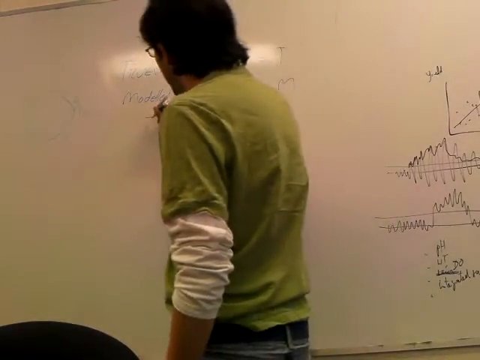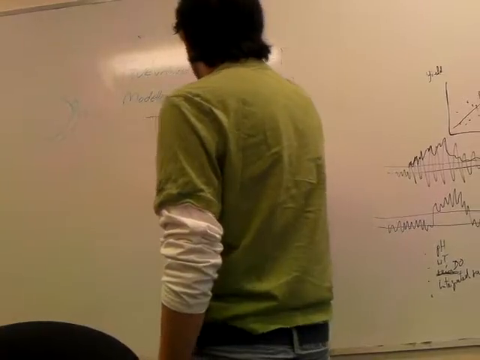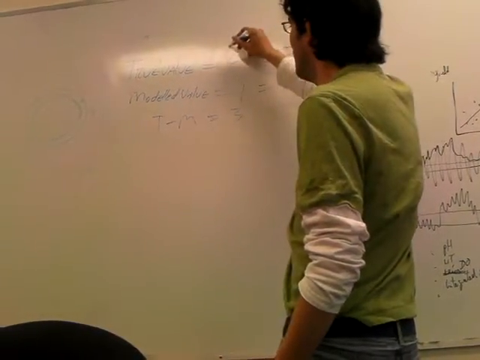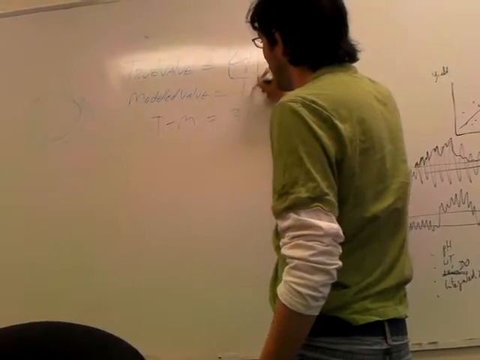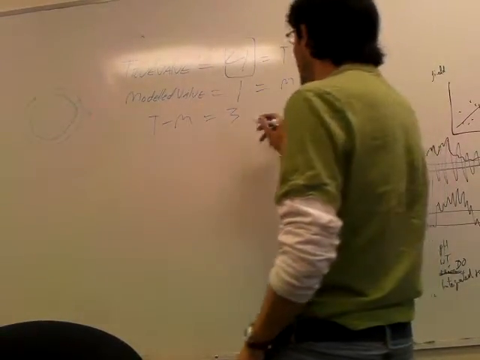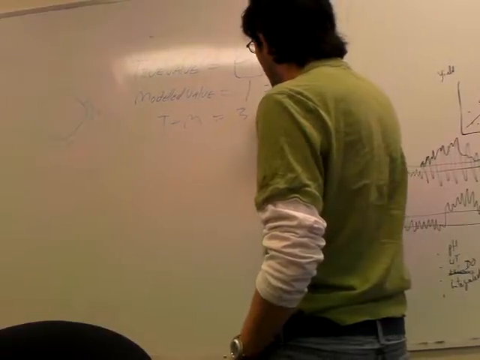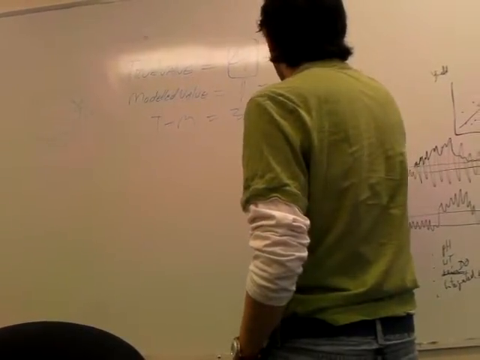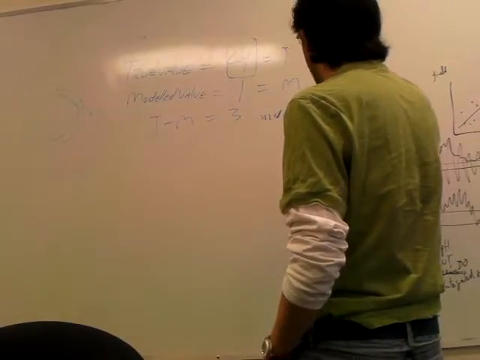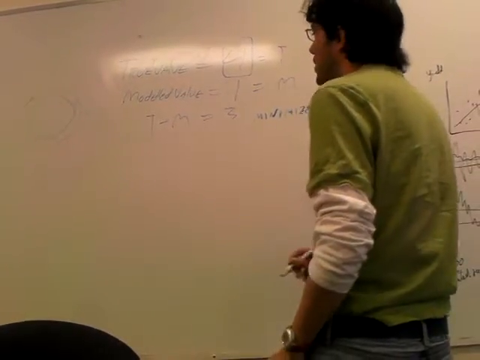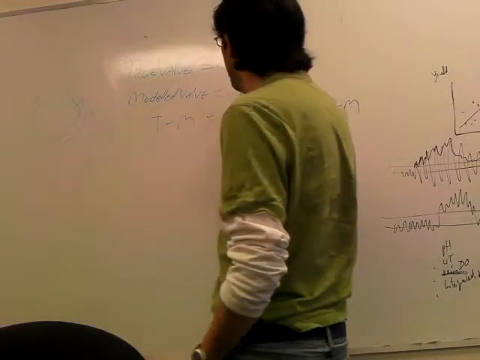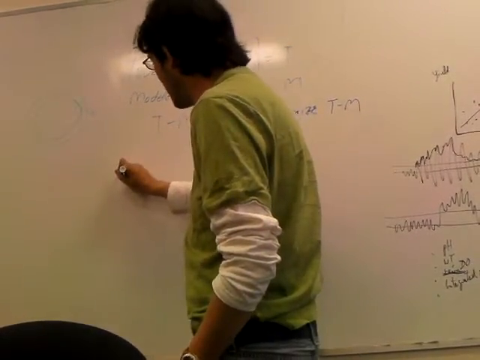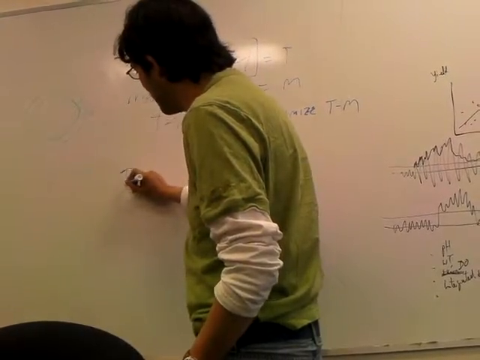If you say t minus m equals 3, it's not good. So you have to go to 4. The true is 4, but your model is 1. So in the next step, you have to minimize t minus m. Then the model will have to adjust this, and then in the second step, in the iteration, we will know.